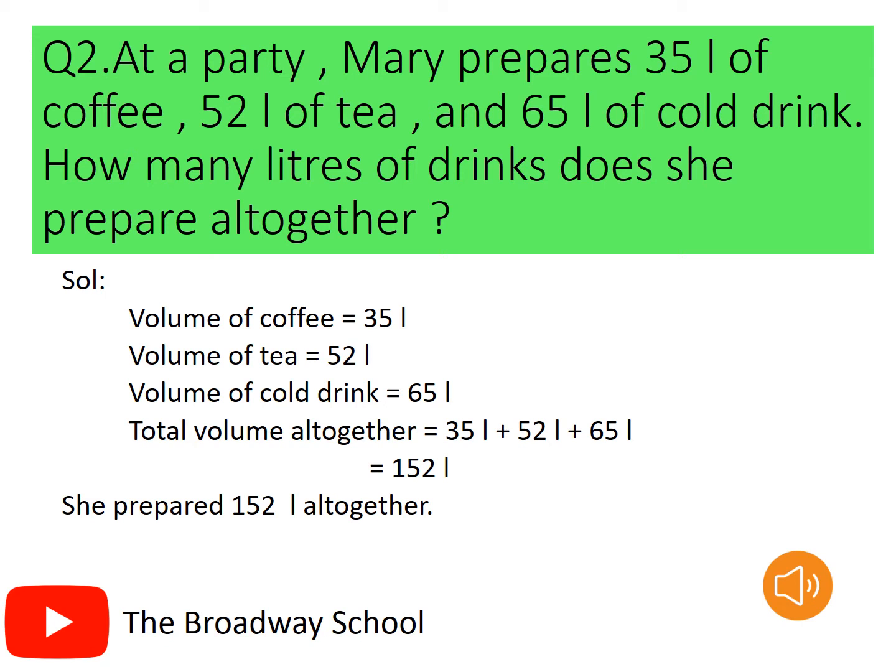As I told you in the classroom as well, when the statement says altogether, it means that we are going to add. So total volume altogether is equal to question mark. Total volume altogether is equal to 35 plus 52 plus 65. You need to add them and then you will have your exact answer. It will be 152 liters.